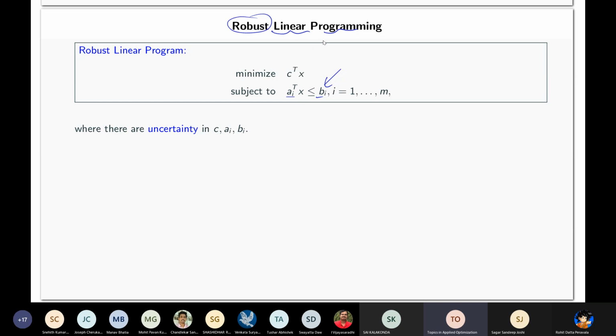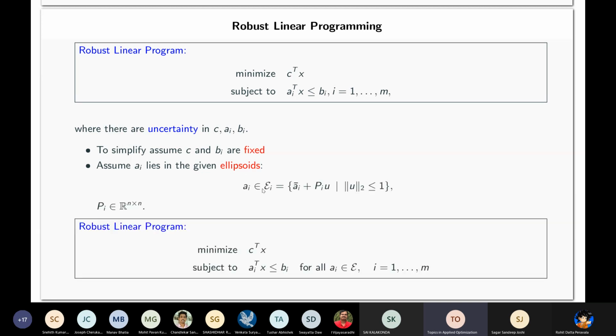Okay, so if you happen to work in those kinds of models, then you will put this in this framework. If you know that there is an uncertainty in the data where you have c, Ai, and bi, then it will be classified as a robust linear program. And we can simplify this further. Let us say we want certainty in this Ai and bi, in other words, they are fixed. Then assume Ai lies in given ellipsoids, something like this.